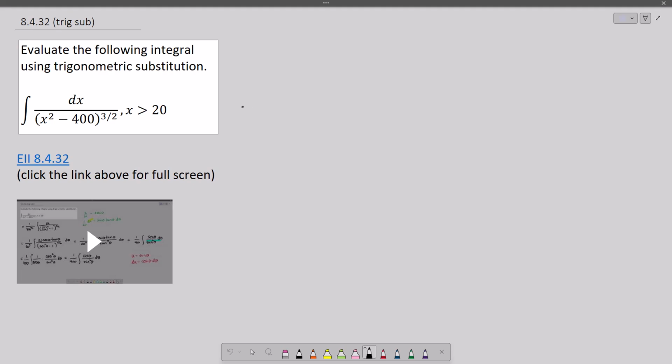Okay, first though, I would like it to be a difference of squares with a trailing 1. So that 400 is going to factor out. It's in the denominator, so it's going to come out in the denominator, and it has to come out with that same power that's on the expression that it's in, 3/2.